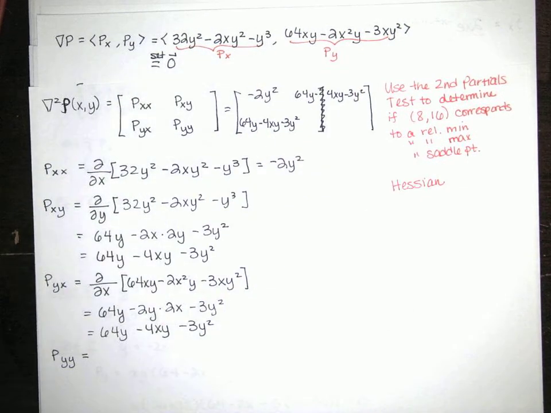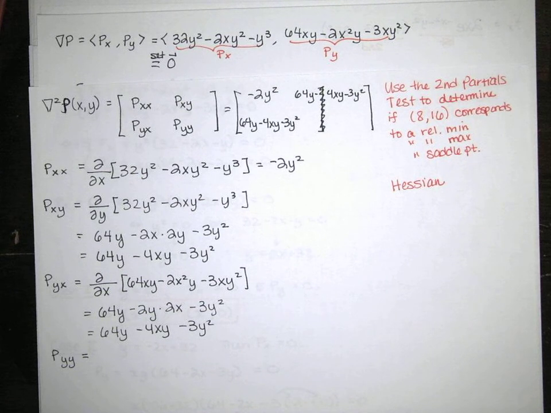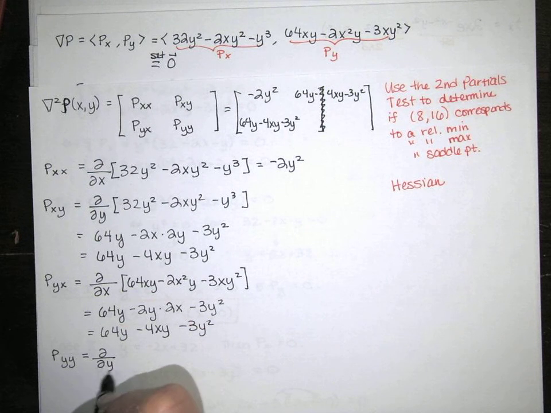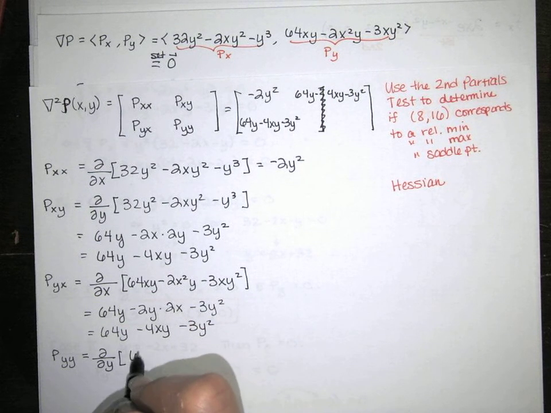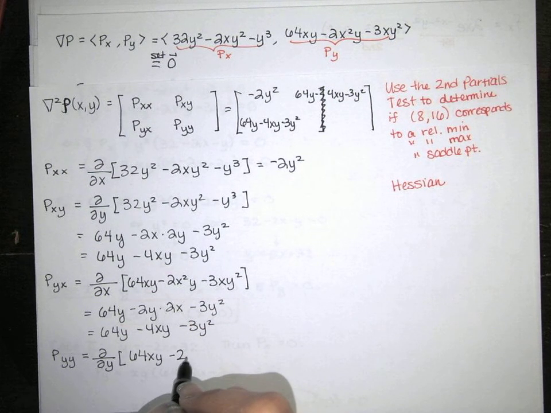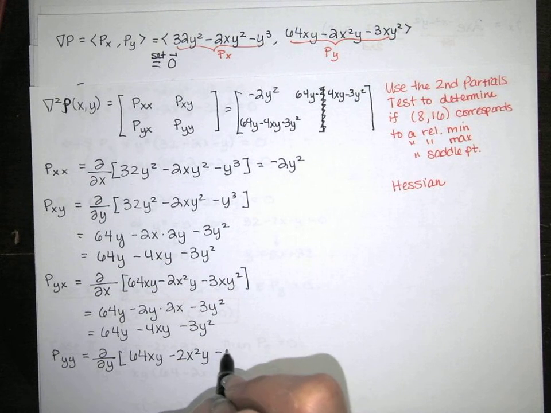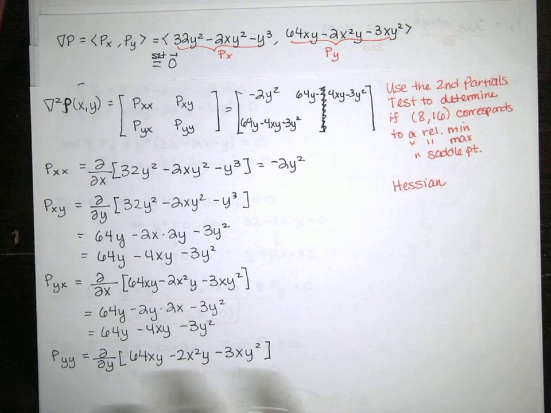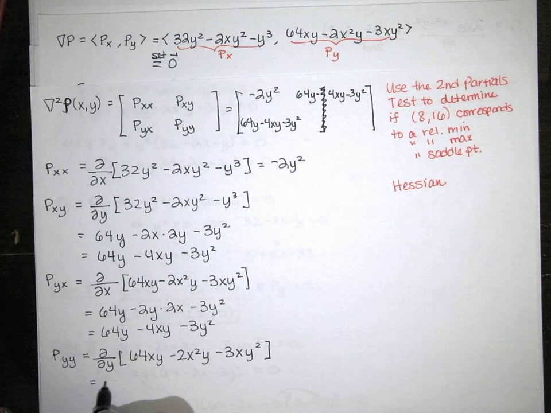So I've got this guy, and I'm just taking the derivative with respect to y. Partial derivative with respect to y. Okay, so this is a constant times y. The derivative of a constant times y is the constant.